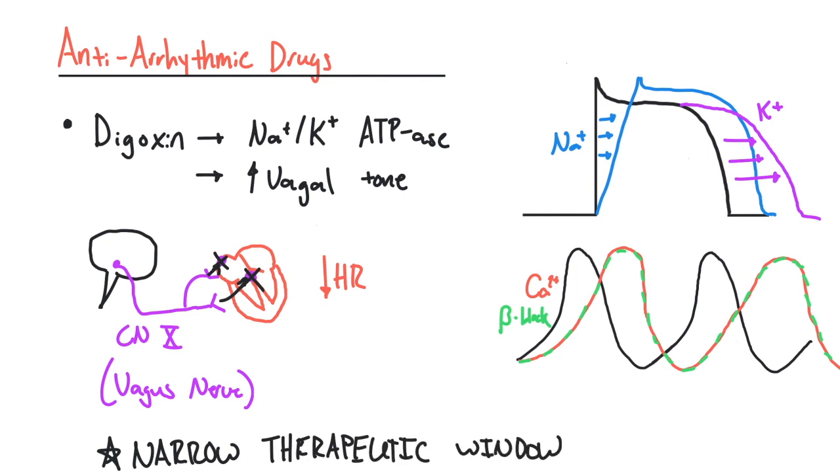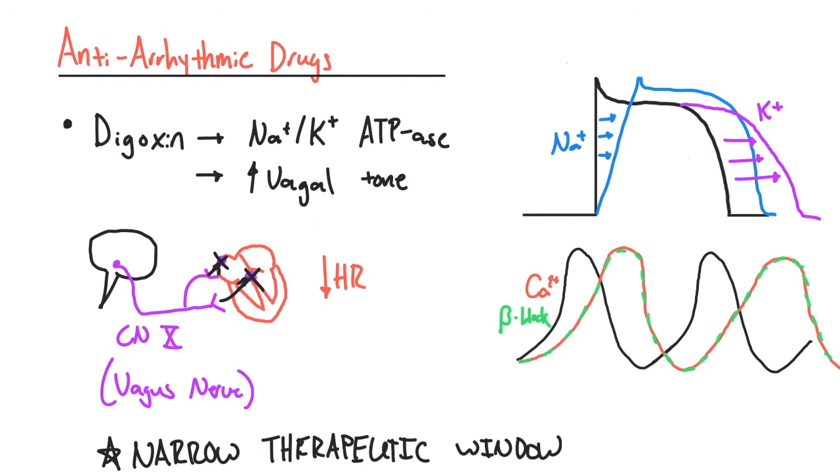And digoxin levels are therefore drawn in patients that are taking digoxin to determine the dose. Well, this is not something I will expect everybody to remember for this lecture. Some symptoms of digoxin toxicity, when digoxin may go above the therapeutic concentration, can include many nonspecific symptoms such as nausea, vomiting, visual disturbances, which may present as halos or yellow blurred vision, sometimes lethargy, and then, of course, the potential for life-threatening arrhythmias.